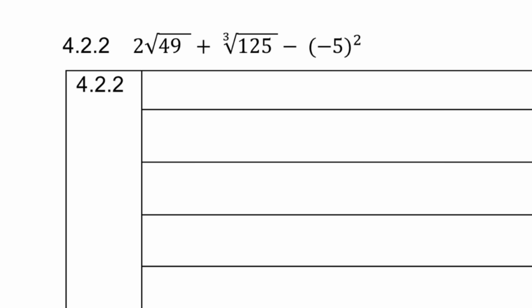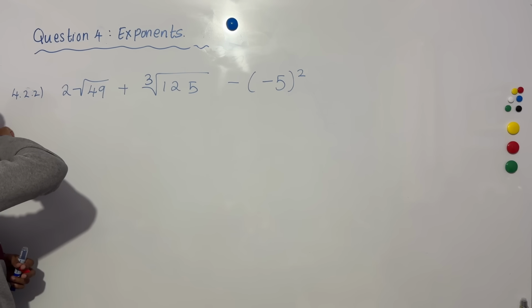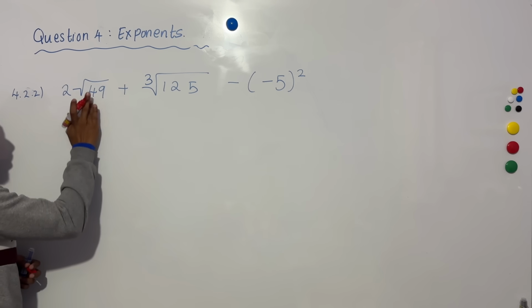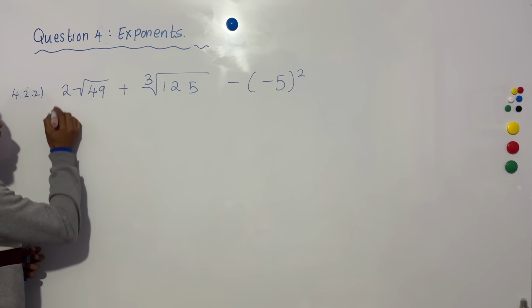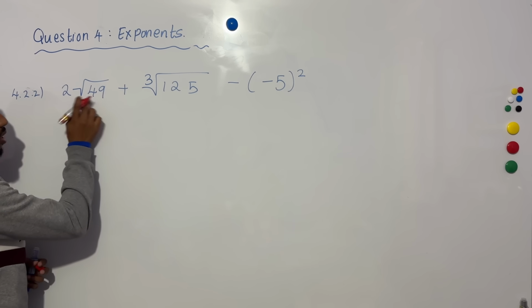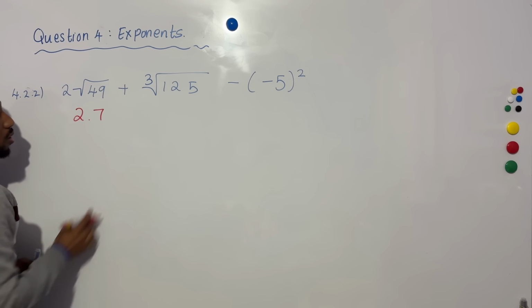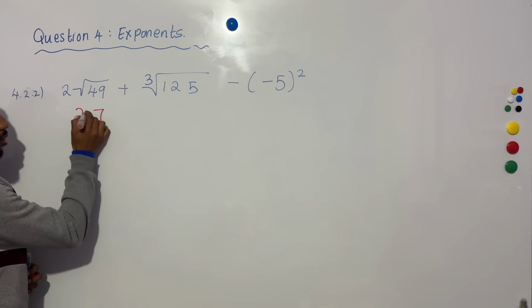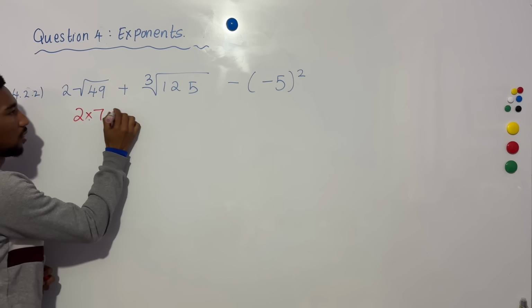Okay, so here we have some square roots, cube roots, and squares, all of it involving exponents. So I have a number outside of a square root. I know that it's being multiplied. So it's 2 times whatever this is, and the square root of 49, we know that to be 7, so it's 2 times 7 there. Just evaluating that.